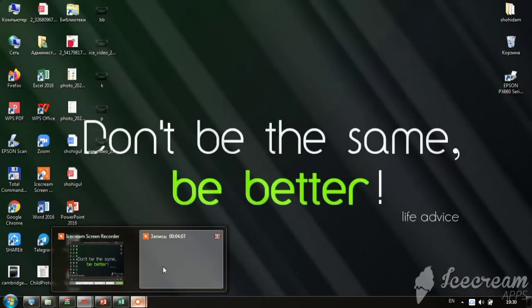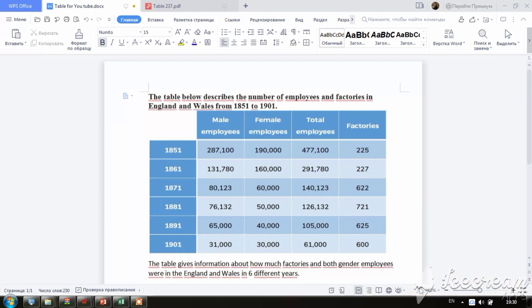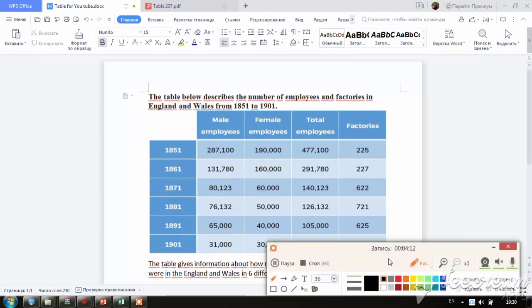Male and female employees and total employees are much higher than in the next years, and that's very good.